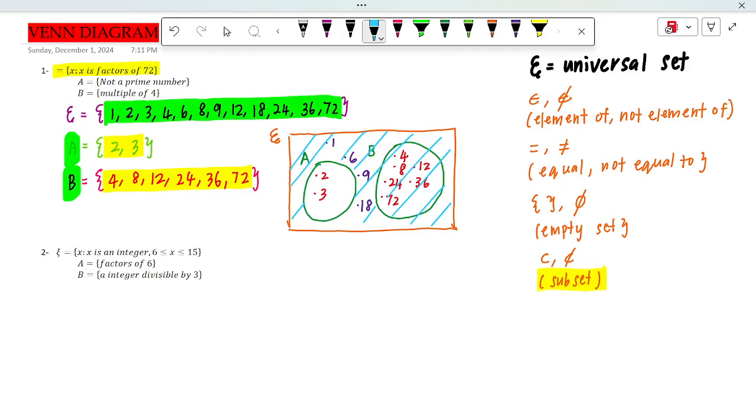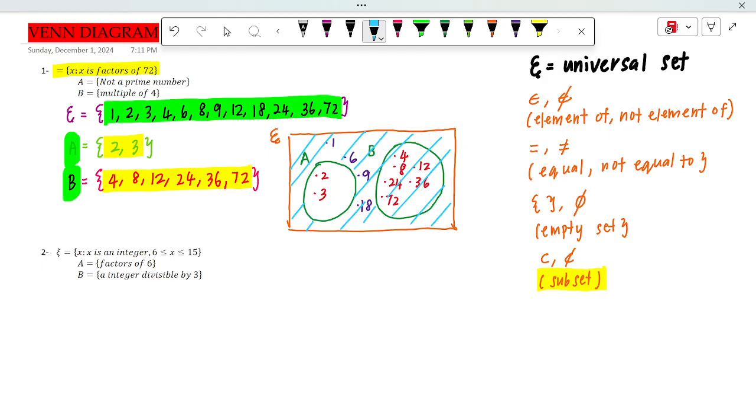Leave only the A aside. If I ask you to shade complement of B, you will shade everything except for B. Because complement of B is not B. So what doesn't belong to B will be your shaded region. Okay, this is for the first question.